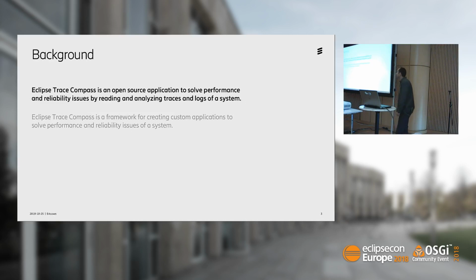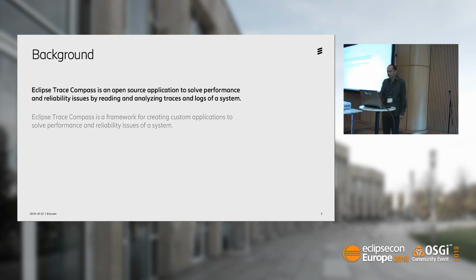So, Trace Compass. What is Trace Compass? Trace Compass is an Eclipse project, and it provides an open source application to solve performance and reliability issues by reading and analyzing traces and logs from a system.